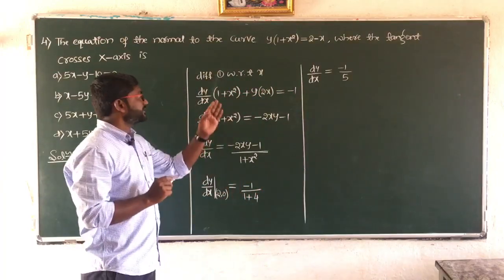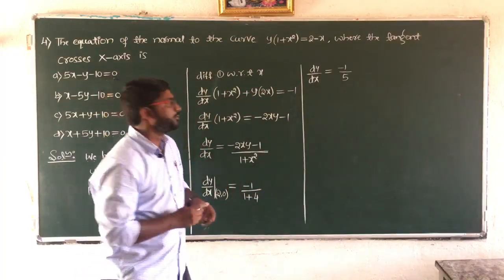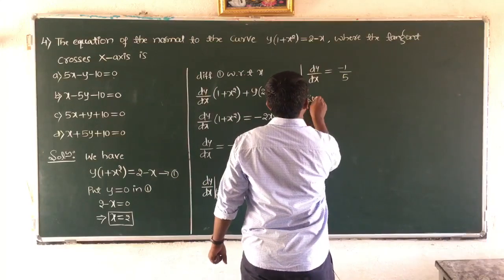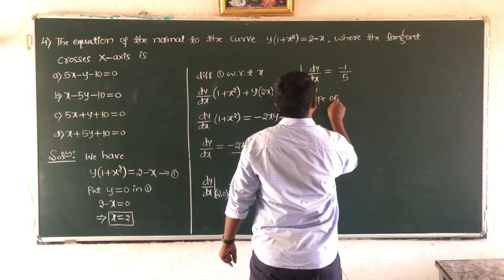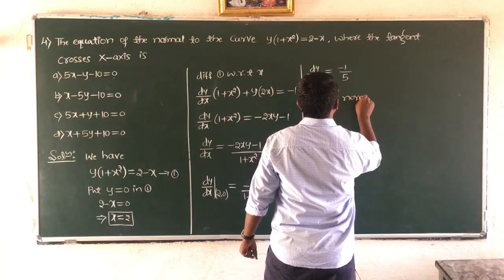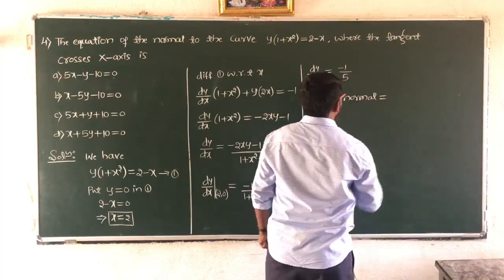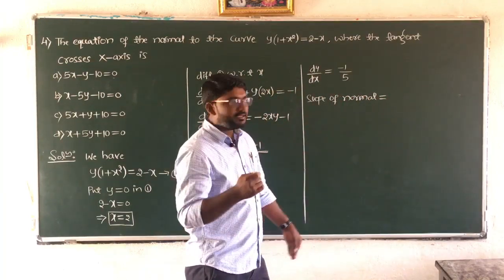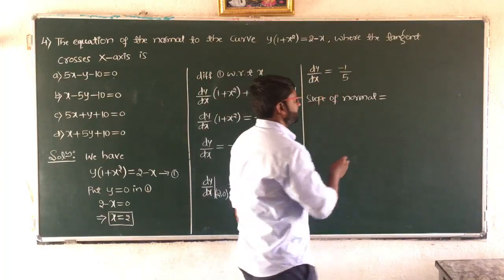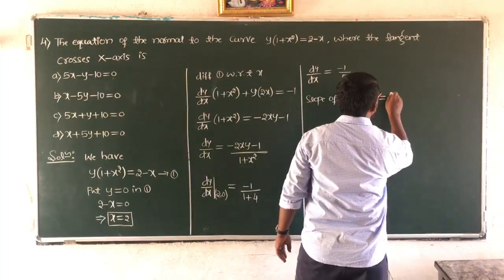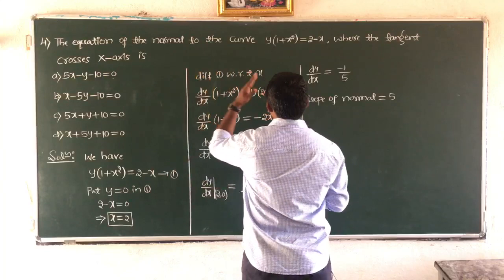So this is the slope of the tangent, but we need slope of normal. Slope of normal is equal to minus 1 divided by slope of tangent. So this becomes 5. Now we have to find the equation of the normal.